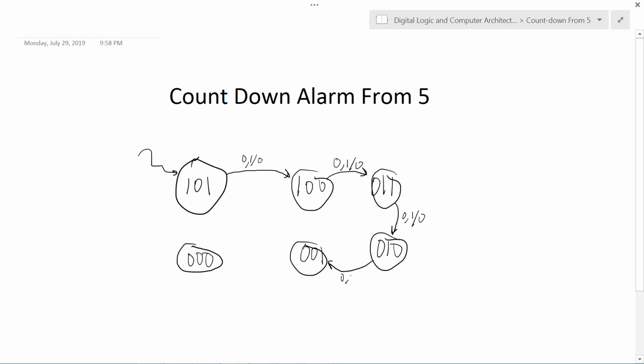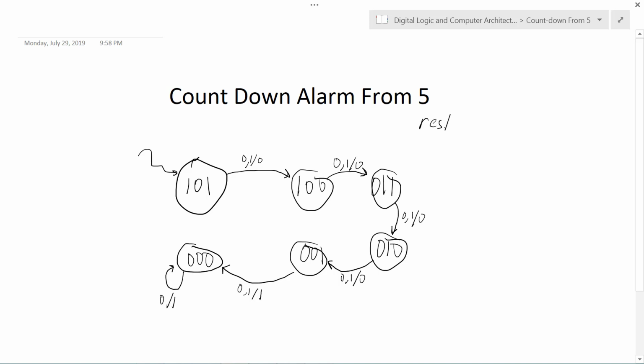On input 0 or 1, output a 0. On input 0 or 1, output a 1. And then on state input 0, we're going to output a 1 again.